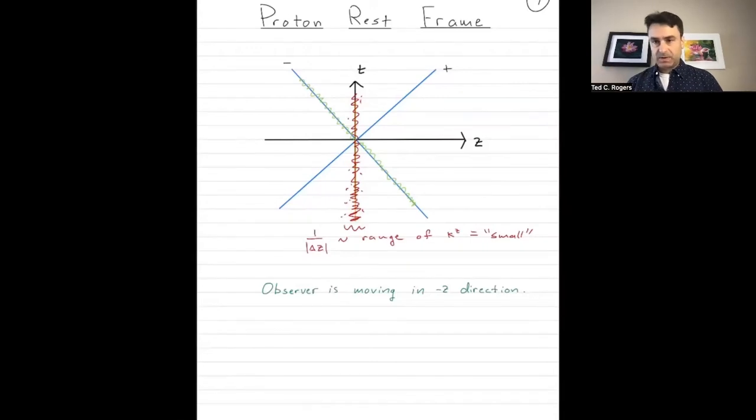And it's fuzzy because it's made out of partons, quarks, and so on that are not completely localized. They're sort of spread out, at least to some extent. The green line is, say, some kind of observer, maybe me, moving very rapidly in the minus direction. Okay, so the observer is moving at nearly the speed of light in the minus z direction. Of course, there's an x and y component as well.